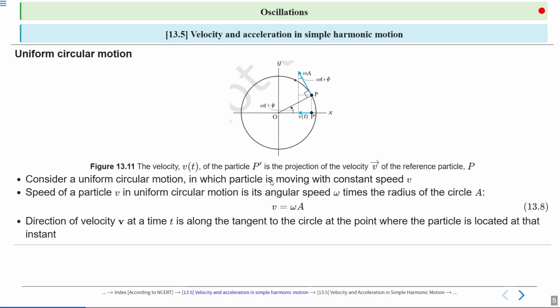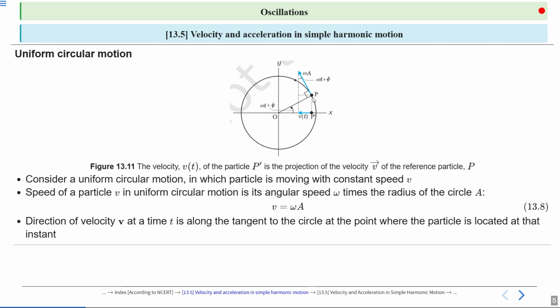Now let's focus on the direction of the velocity. At any moment the velocity vector points along the tangent to the circle at the particle's position. So suppose the particle's position is at point P. To find out the direction, draw a tangent.